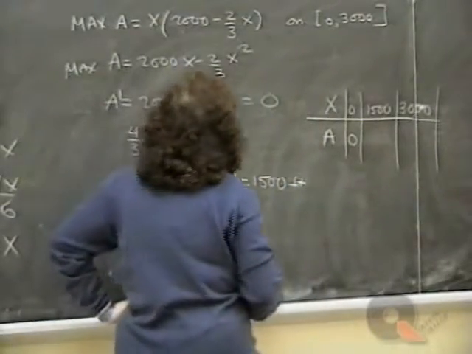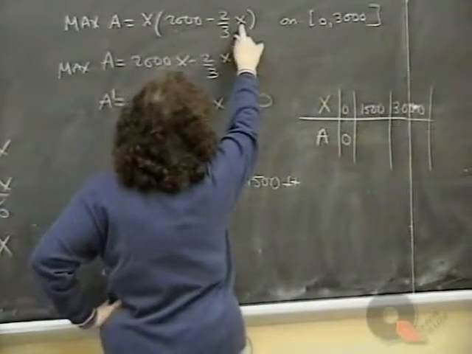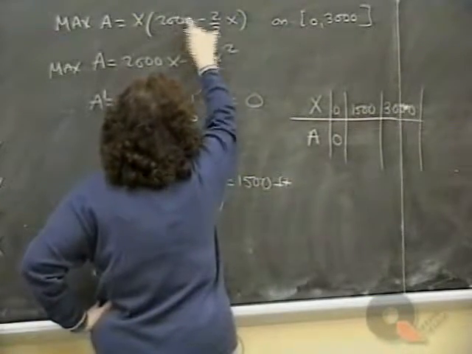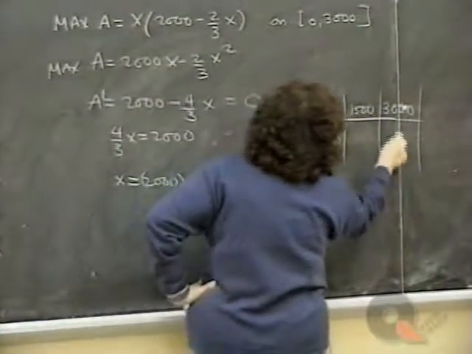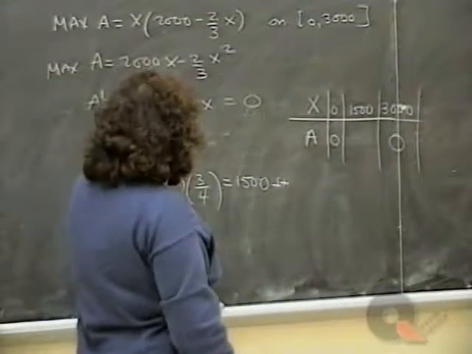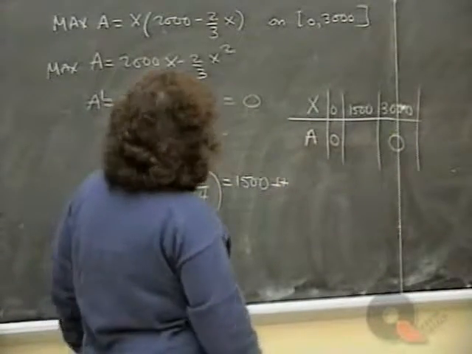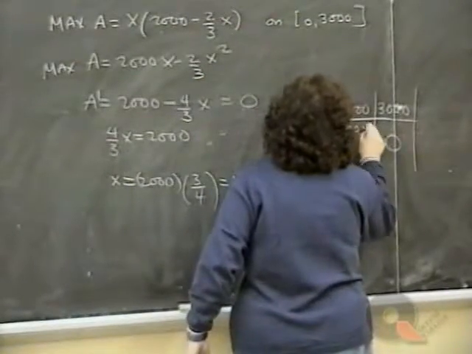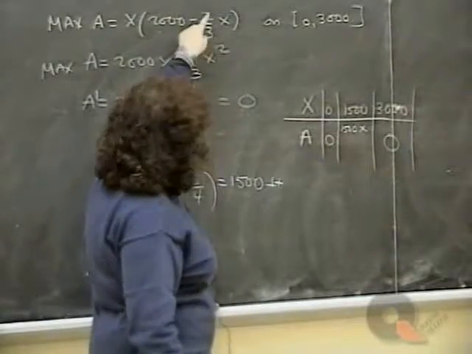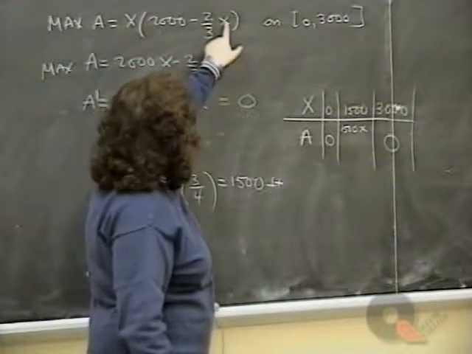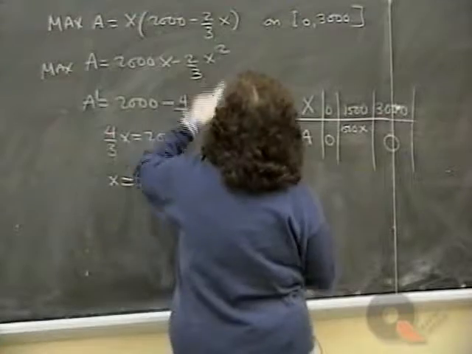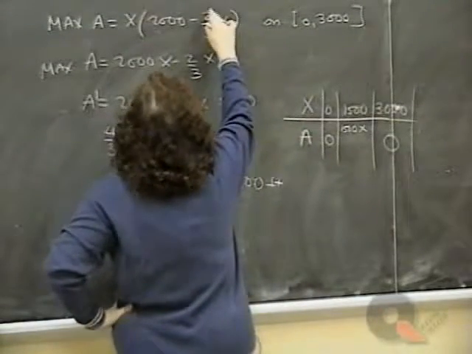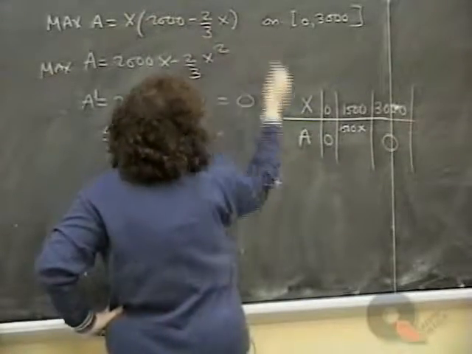If x is 3,000, substituting in 3,000 here, 3,000 over 3 is 1,000. 2 times 1,000 is 2,000. 2,000 minus 2,000 is 0. So in either extreme the area is 0. And in the other case, x is 1,500 times 2,000 minus 2/3 of 1,500. 3 into 1,500 goes 500 times 2 is 1,000. 2,000 minus 1,000, so it's 1,000.